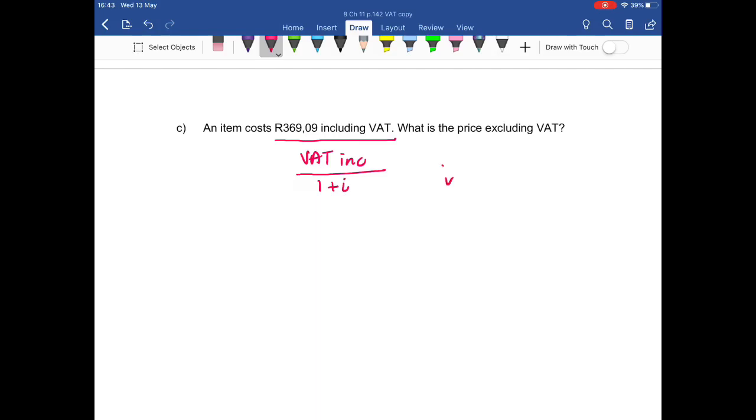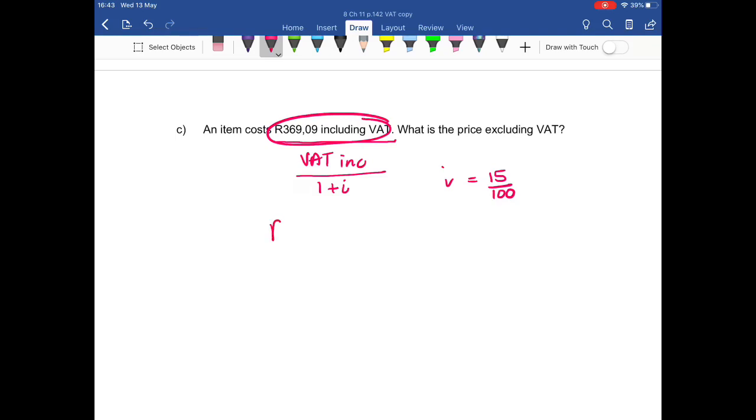Now the i equals 15%. Okay, so let's try and do this. Just remember, this is after VAT has been calculated. So VAT inclusive price is going to be 369,09. I'm going to divide it by 1 plus 15 over 100.